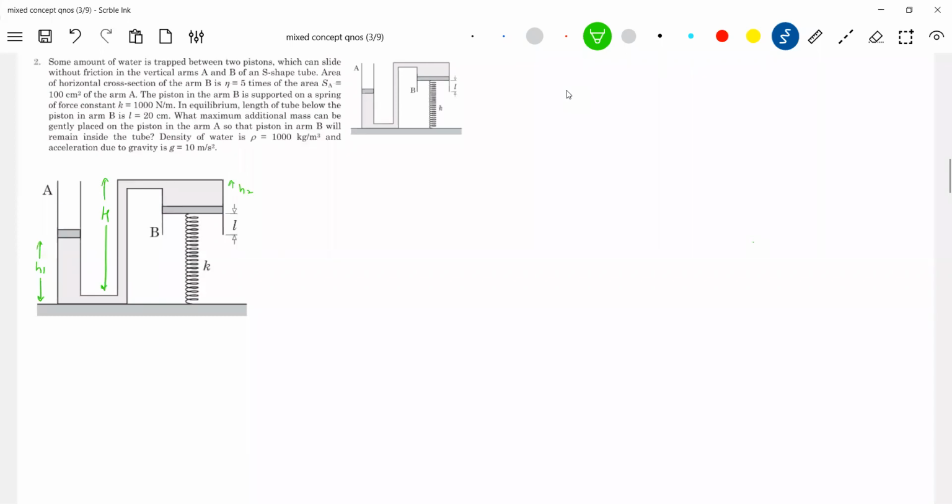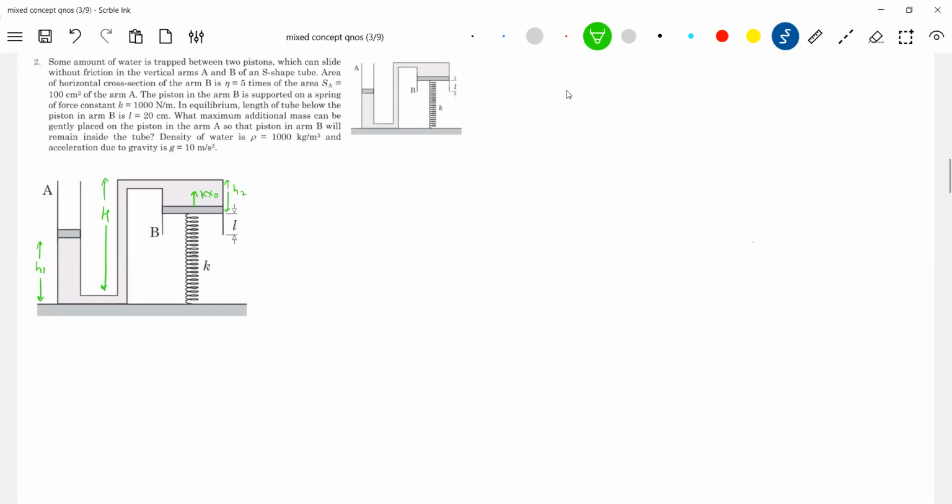Now the spring will be compressed or elongated, not given. I think the liquid is there, so definitely it must be compressed, no? The spring is compressed. So the spring force will act like this, Kx naught.